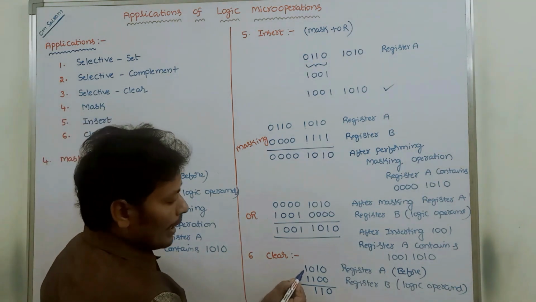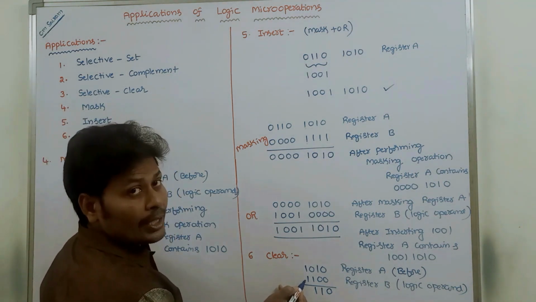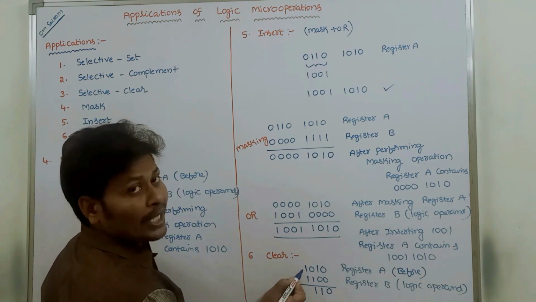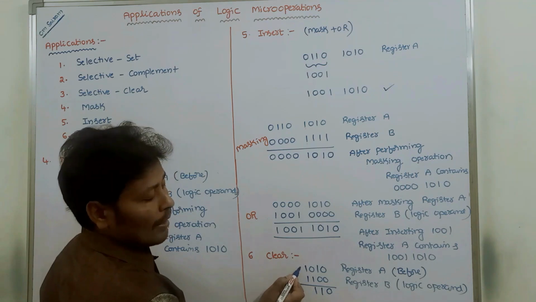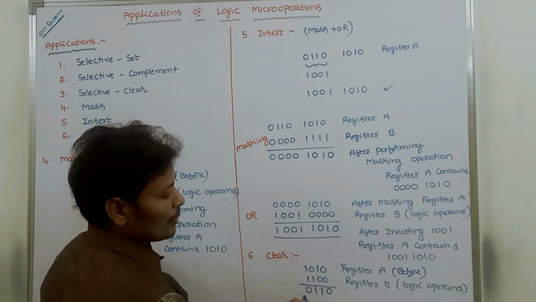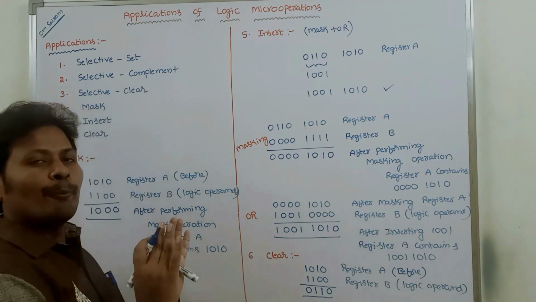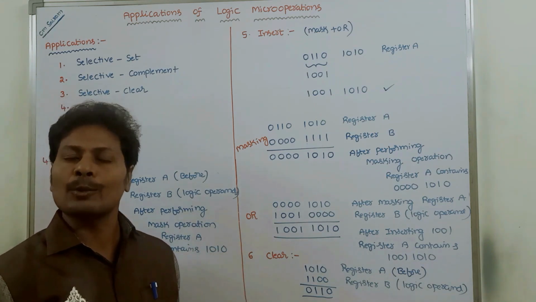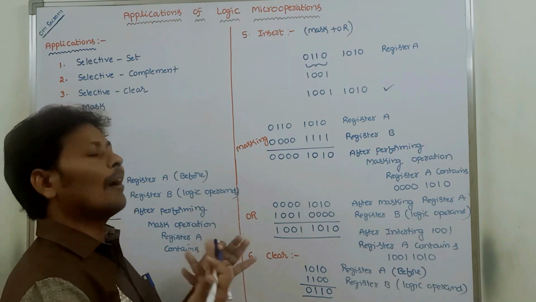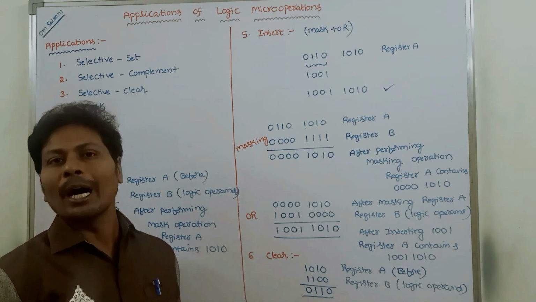Next one, here 1 is there in register B, the corresponding bits in register A is also 1. Both bits are same, we have to put 0. Okay, so if both bits are same, then we have to clear to 0. If both bits are different, we have to put 1.